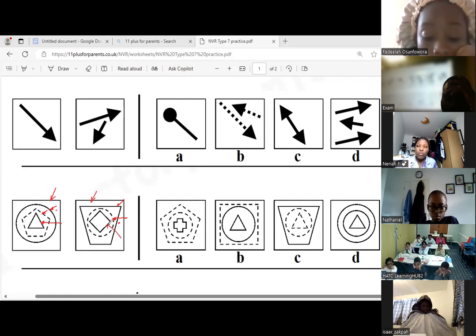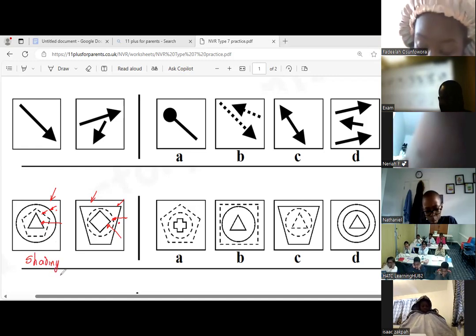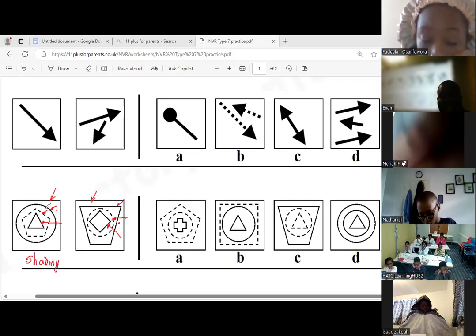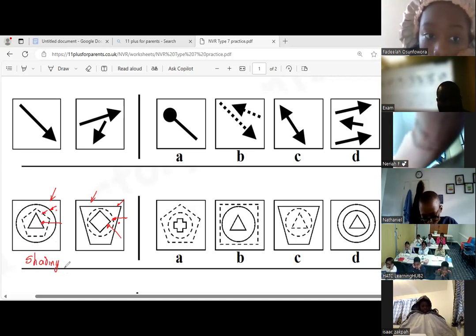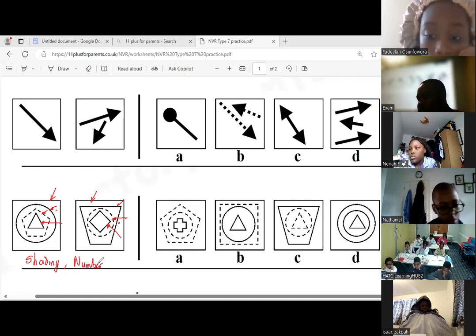Broken. And the middle is what? Continuous line. So that means we can say that what they have in common is what? Shading. All right. Also, we can see that they have how many shapes? 1, 2, 3. So we could also say that they have what? Number in common. So if you have shading as your rule, give yourself a tick.